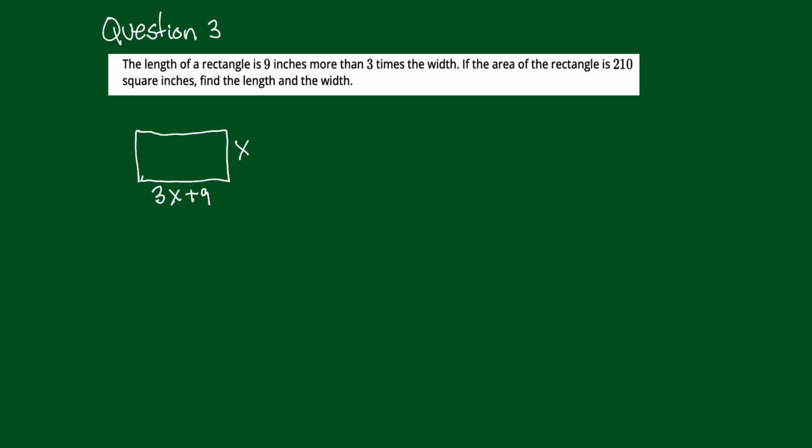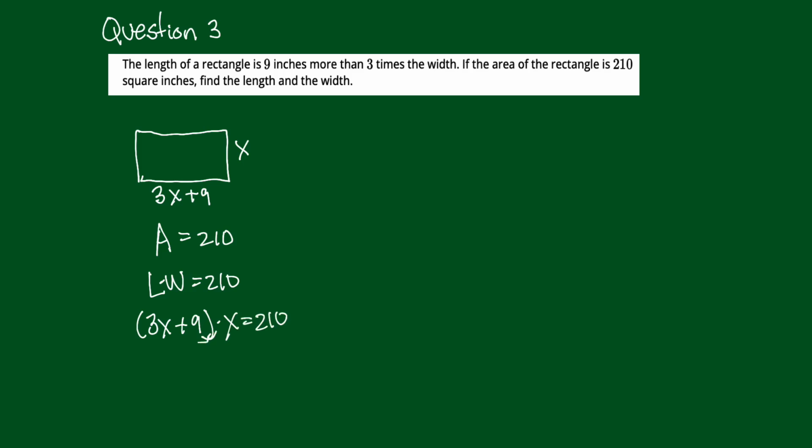All right, now, I know also that the area is 210. So let's write down what we know. Area is 210. Now, how do you get the area of a rectangle? The area is the length times the width, and that's going to be 210. Now, what's the length here? 3x plus 9 times the width, which is x. That's equal to 210.